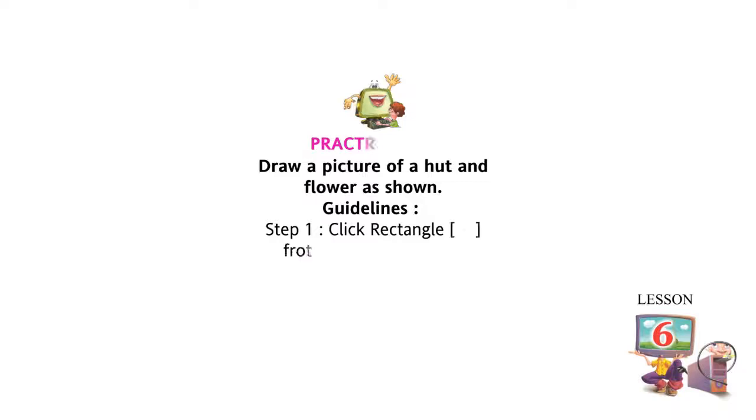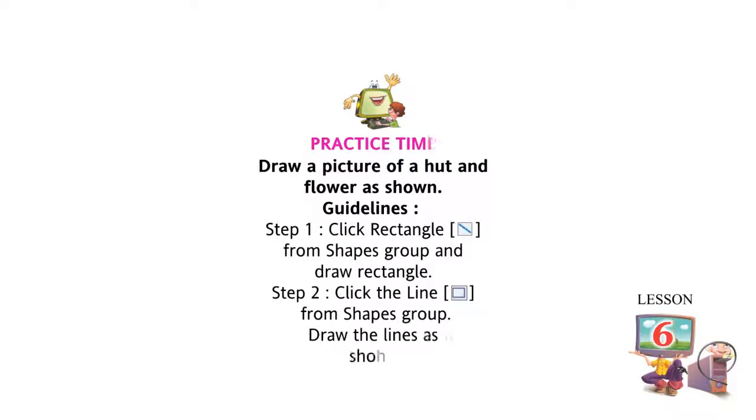Practice time. Draw the picture of a hut and a flower as shown. Guidelines. Step 1. Click rectangle from the Shapes group and draw a rectangle. Step 2. Click the line from Shapes group. Draw the lines as shown.